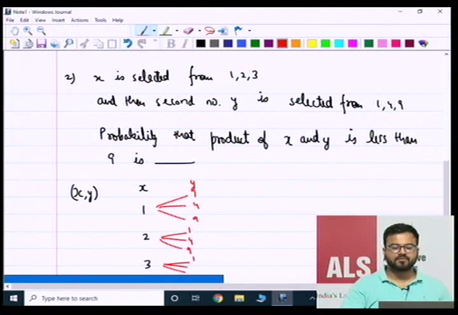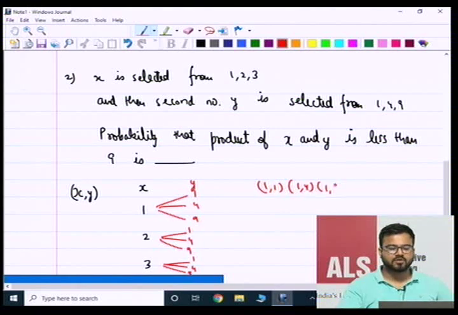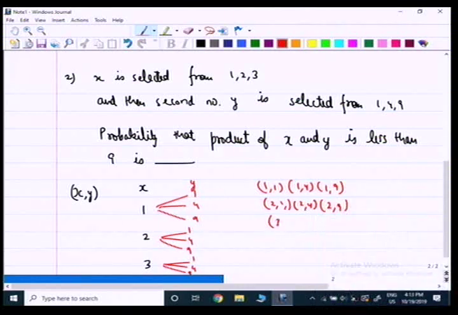Similarly, it can be 1, 4 or 9. So the ordered pairs which we can get are (1, 1), (1, 4), (1, 9), (2, 1), (2, 4), (2, 9), and (3, 1), (3, 4), and (3, 9). These are the total possible outcomes when we pick 2 numbers out of 1, 2, 3 and one number from 1, 4, 9.